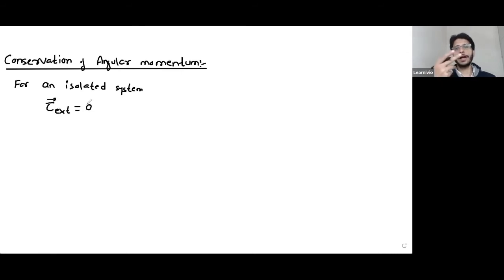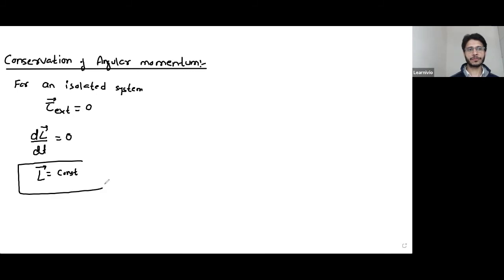If the external torque acting on the system is zero, that means the system is isolated. For an isolated system, torque is zero. That means dL over dt is zero. If dL over dt is zero, you can write that angular momentum is constant. So for an isolated system, the angular momentum is conserved.